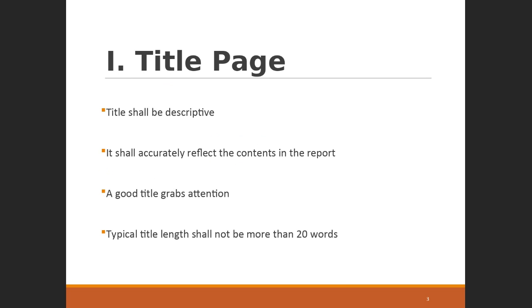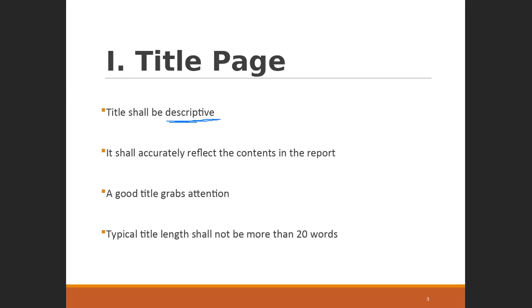First of all, the research report begins with a title page. The title of the research report permits potential readers to obtain a first idea of your study and to decide whether they want to read your report in its entirety. For this reason, you may decide to come up with a descriptive title that accurately reflects the content of your research report.